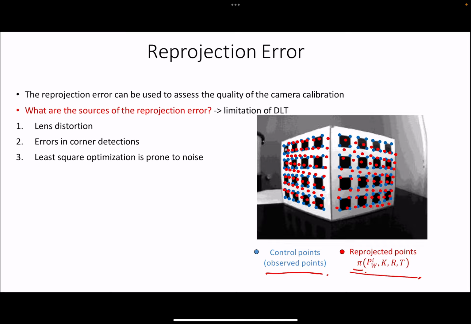Our measurements, the observed 2D points, can always have noise, and we actually exclude lens distortion in the intrinsics, and there are errors in corner detection. Least squares optimization is prone to noise. All this stuff makes DLT not a perfect solution. In theory, it needs to be perfect, but in practice, it is not.